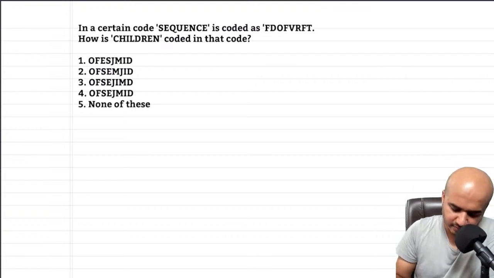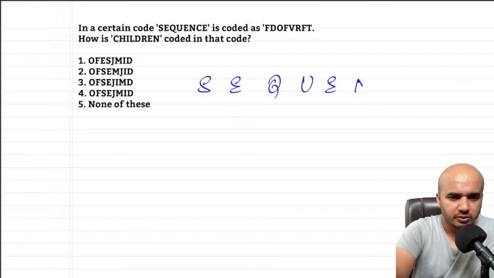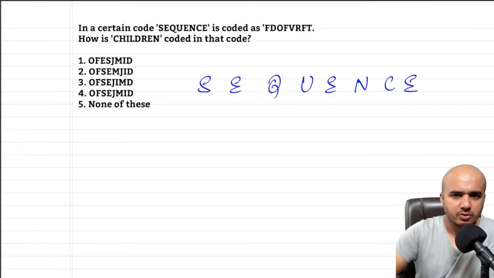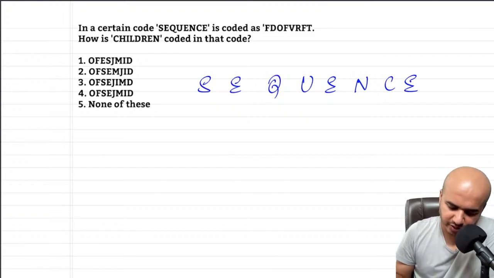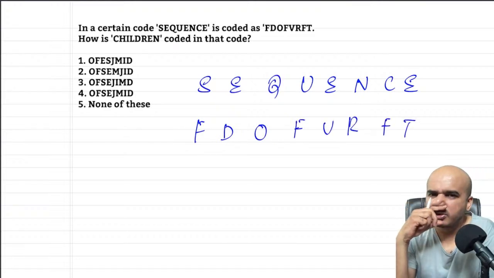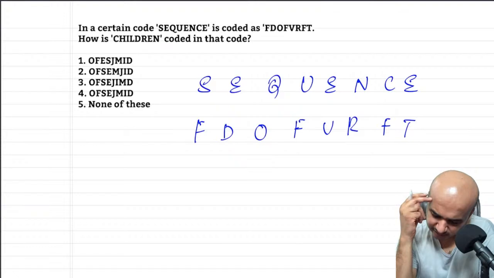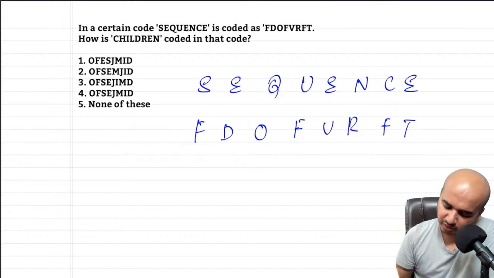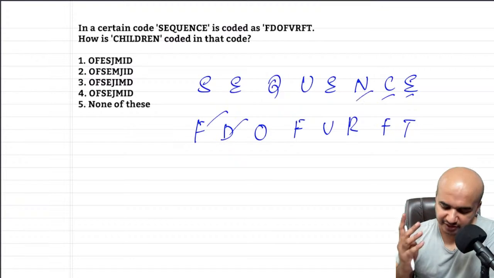Sequence is coded as FDO, FV, RFT. Is there any relationship between the two? It doesn't look straightforward, but if you look at this, they have reversed it and then coded it. So that much we have understood.